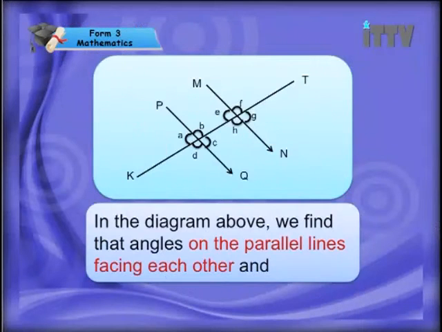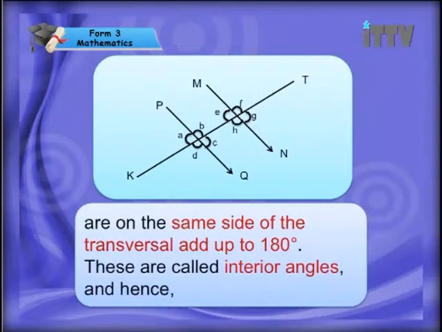Now, the other angle that is formed when a transversal cuts two parallel lines is known as the interior angle, or it is also known as allied angles. Now, if you look into the diagram above, we find that angles on the parallel lines facing each other and on the same side of the transversal add up to 180 degrees.